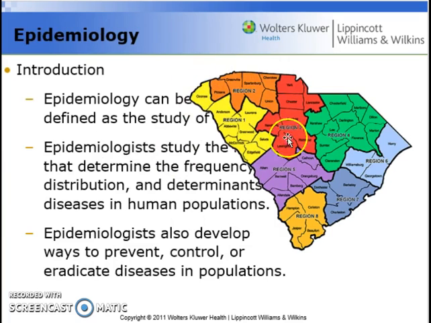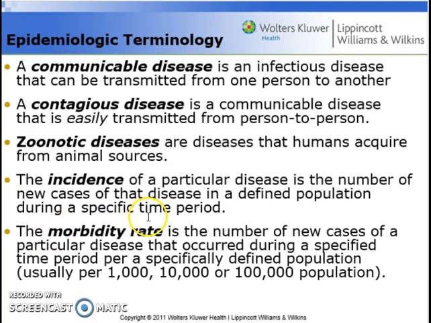So if I'm observing patient data in region 2, and I limit it to, say, the last 2 months, you tally the number of Zika cases that arise, and that's going to be your incidence number. That's what I mean by incidence: the number of new cases of a disease in a defined population during a specific time period.